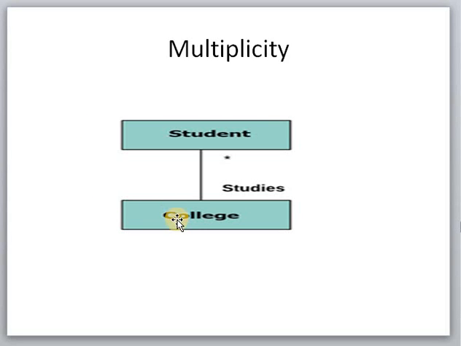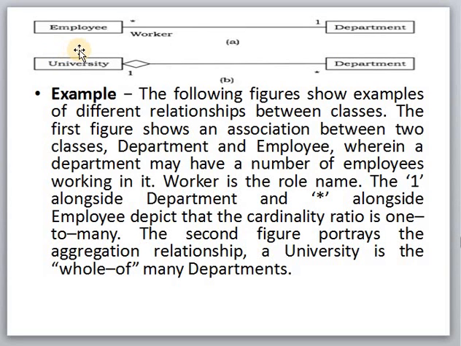A college will have multiple students, and the multiple students are represented by this asterisk symbol. A student belongs to one college at a time, or a student studies in one college at a time. So let us consider another multiplicity example over here.